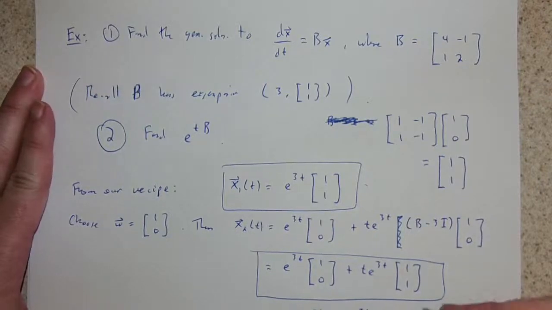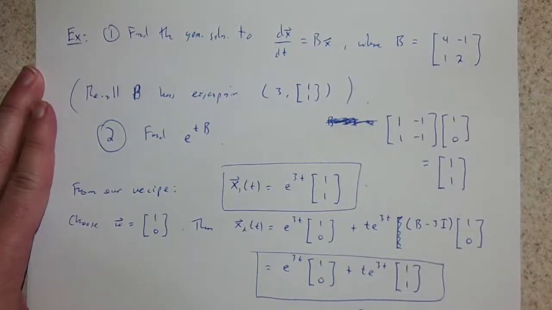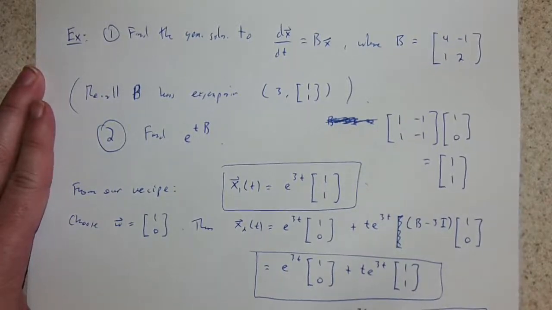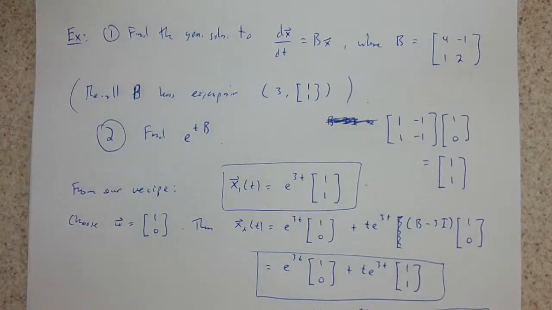So you could write this as e to the 3t times the vector (1 plus t, t). That's where I'll stop. So there's my two eigensolutions.